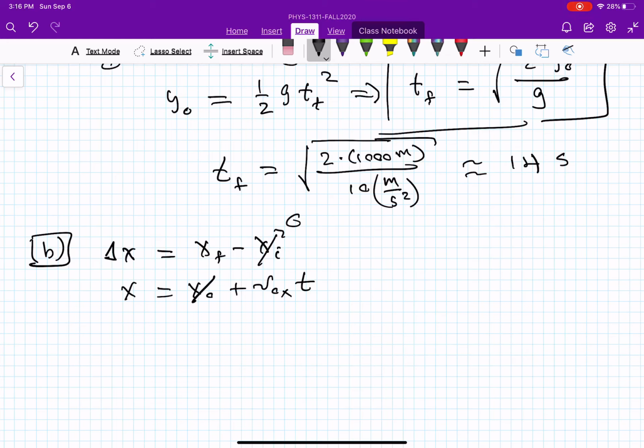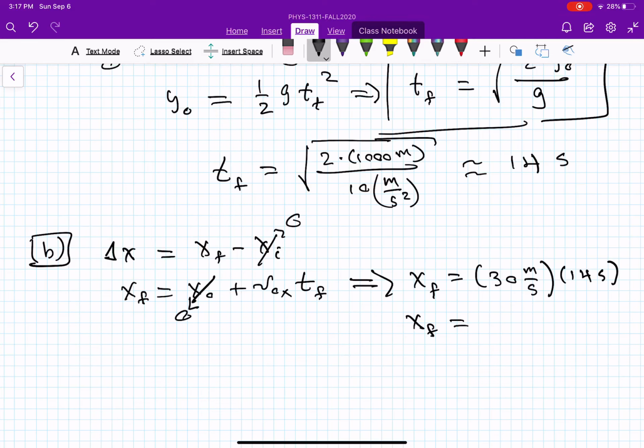This is the same as x initial. So this is 0. And if I evaluate this at tf, then I get xf there. And so this tells me that xf is equal to v0x, which was 30 meters per second, times tf, which was 14 seconds. So this is equal to 420 meters.